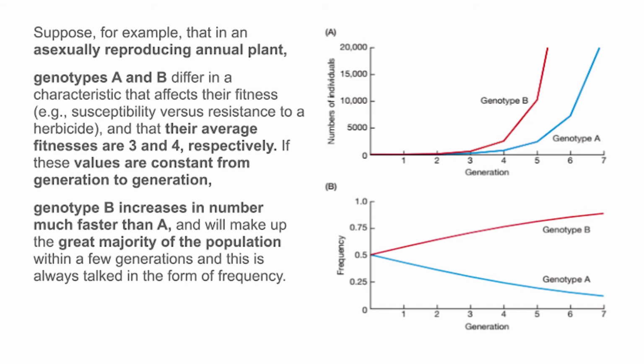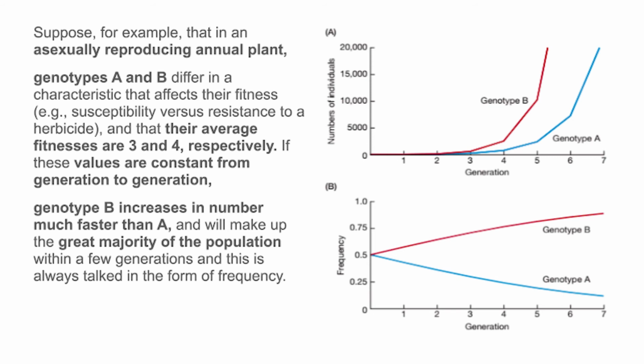An example can be susceptibility versus resistance to a herbicide, and the average fitness for them is given as 3 and 4 respectively. If the fitness value remains the same from one generation to another, genotype B, which has the fitness value 4, will increase its number and become the major part of the population. This is always seen in the form of frequency.